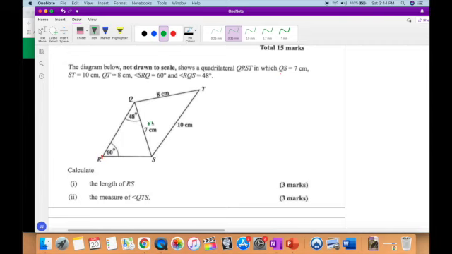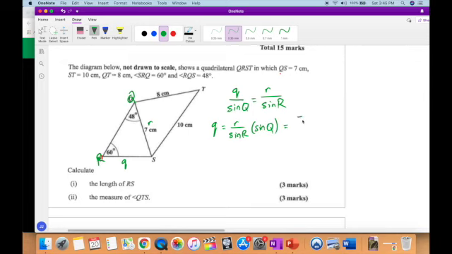Let's call this small r, and this is the angle r. And let's call this small q because this is the angle q. So q over the sine of the angle q is equal to r over the sine of the angle r. We want to find q, so therefore q is equal to r over sine r multiplied by sine of q.